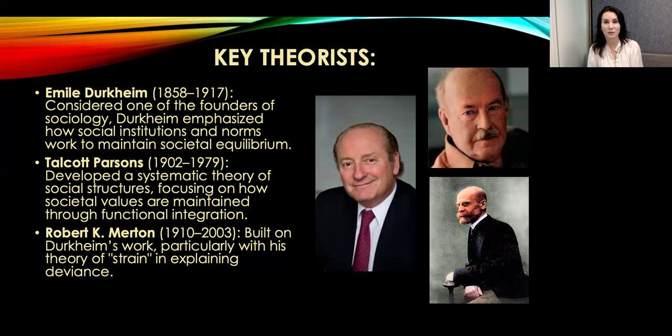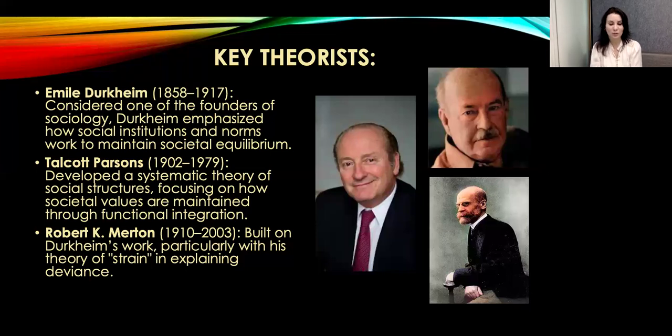Some of the structural functionalist scholars worked on different areas to understand why society needs this stuff. For example, crime, deviance. One of those people was Robert Merton. He was born in 1910 and lived until 2003. He built on Durkheim's work of understanding how to explain strain in society, or crime and deviance in society.